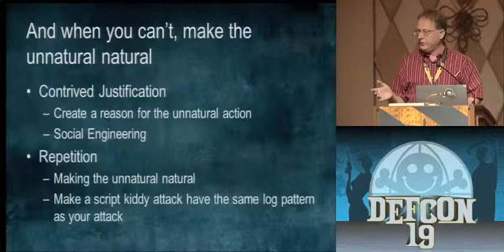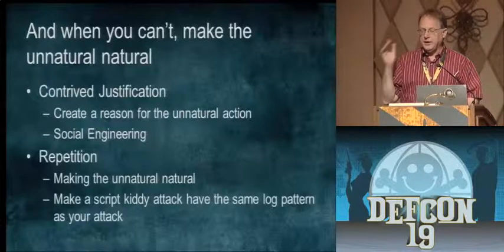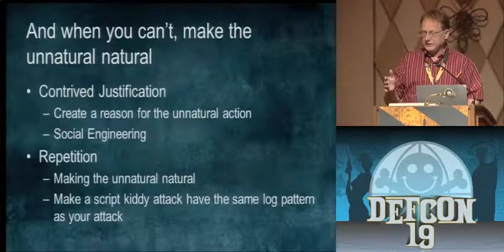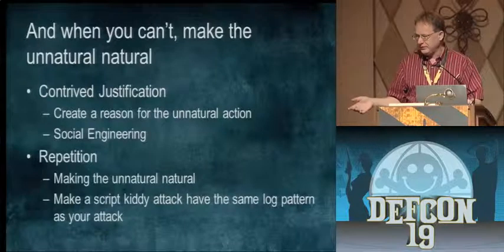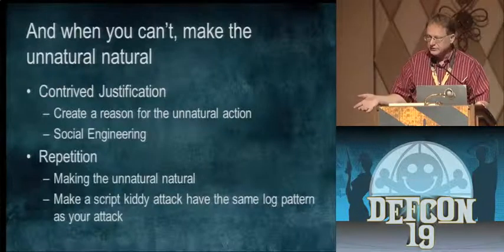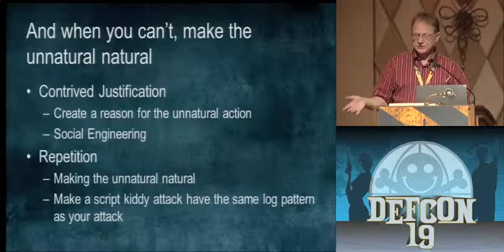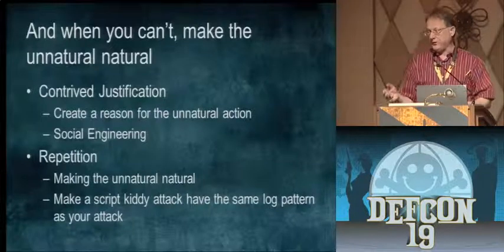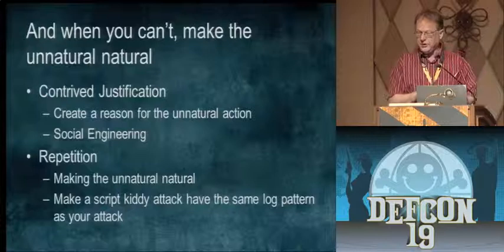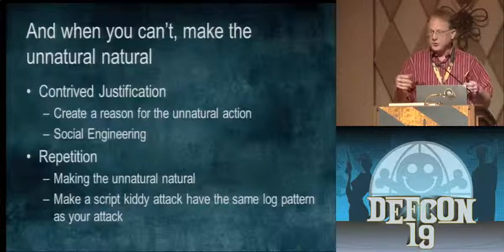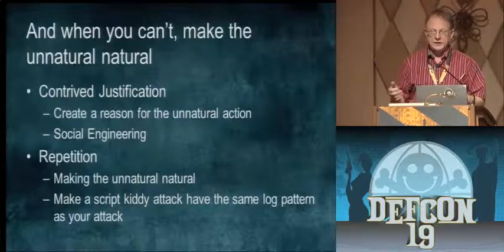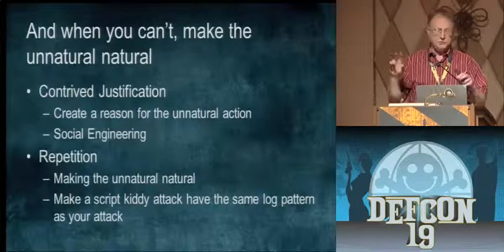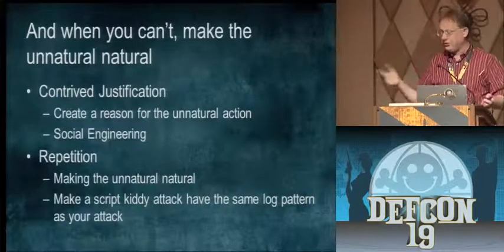Another thing you can do is repetition. If you do something once, it's suspicious. If it happens 100 times and nothing happens, it's not so suspicious. For instance, if you had an exploit that would leave log entries, you could create a tool that you let script kiddies run that looks like it probes for this vulnerability but doesn't actually do anything.